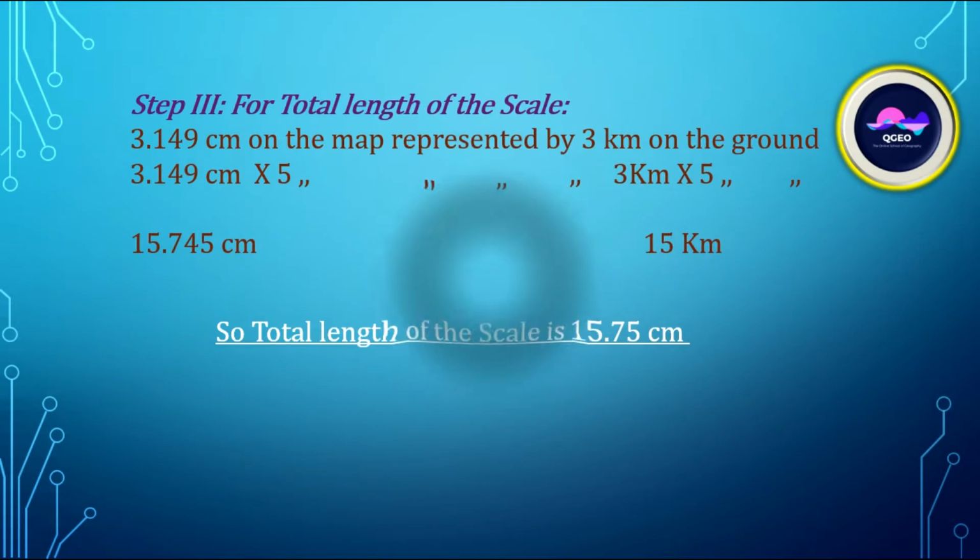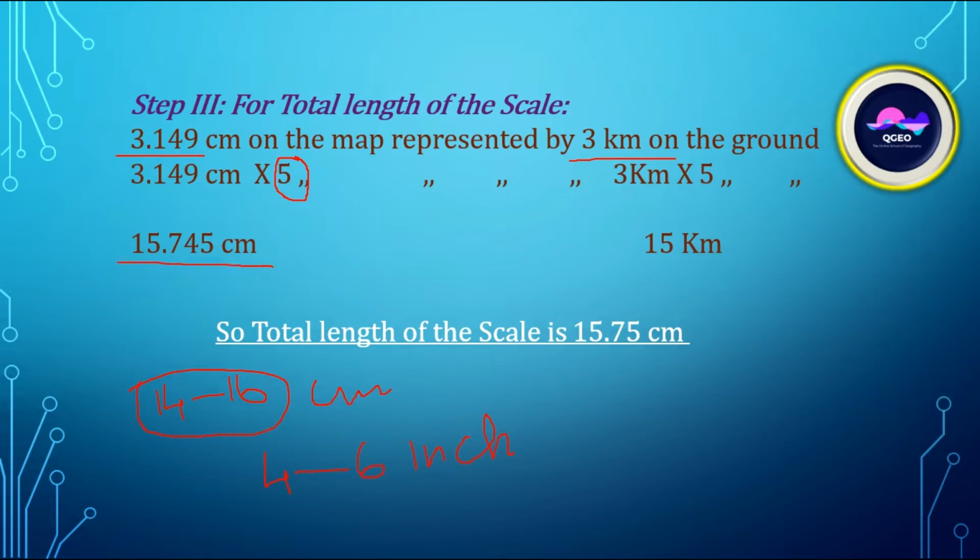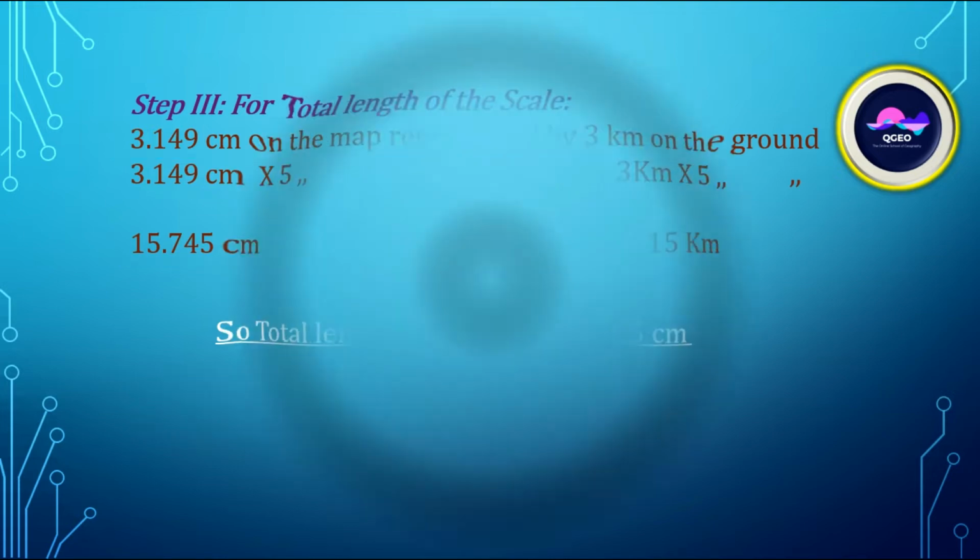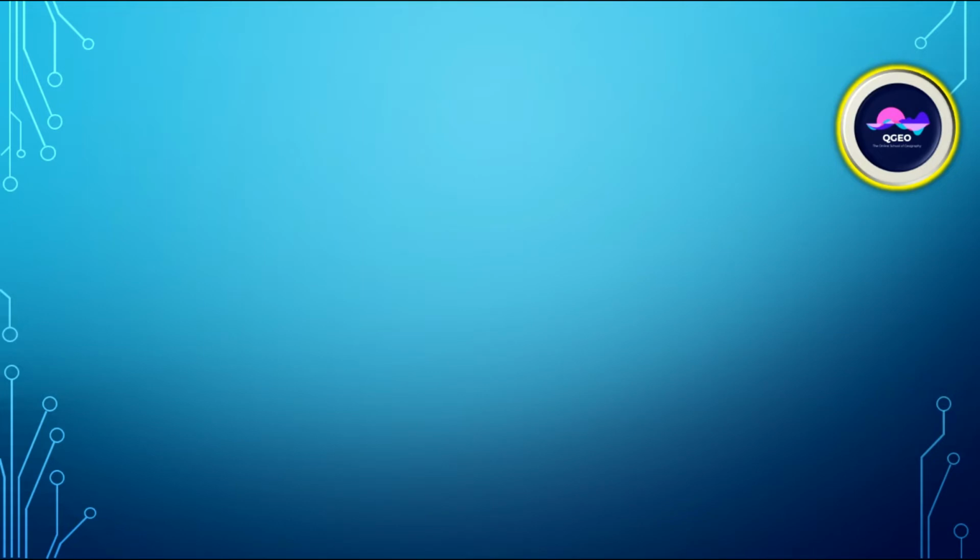So we can put here a numerical value, and the result will be within 14 to 16 centimeter. In centimeter scale it will be 14 to 16, but in inch scale it will be 4 to 6 inch.